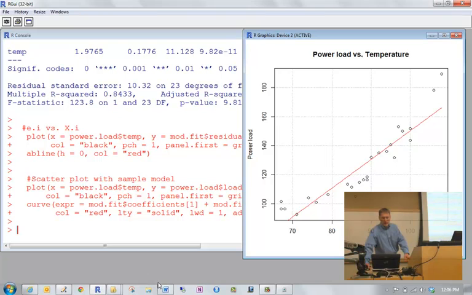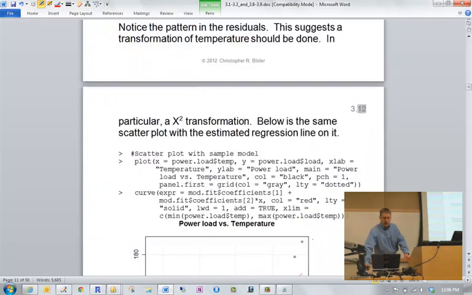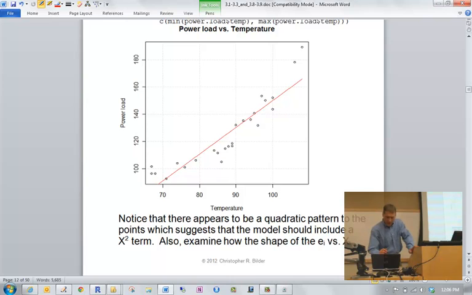So you might think that maybe the actual relationship is something like this, right? In other words, a quadratic relationship. And thus that's a violation of saying beta 0 plus beta 1 times x only. Okay.